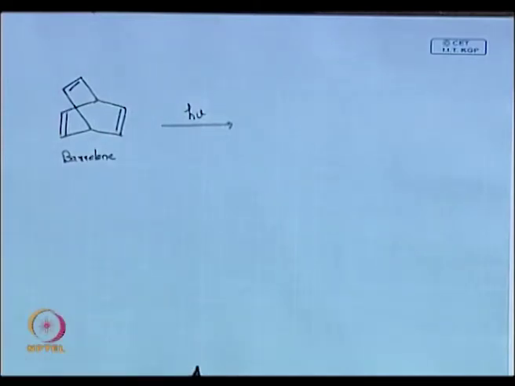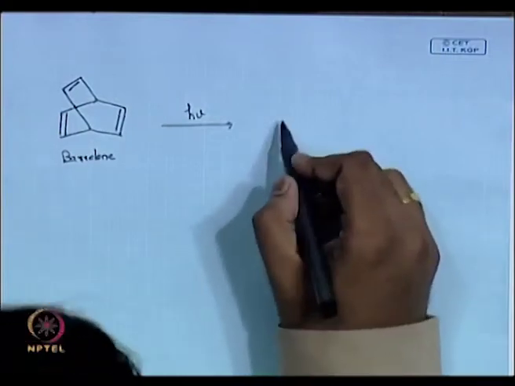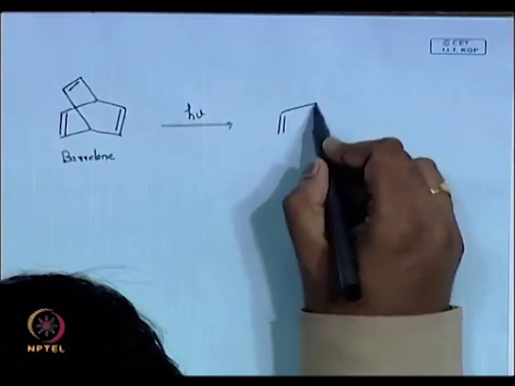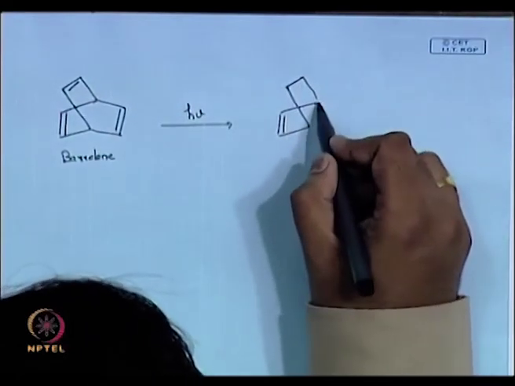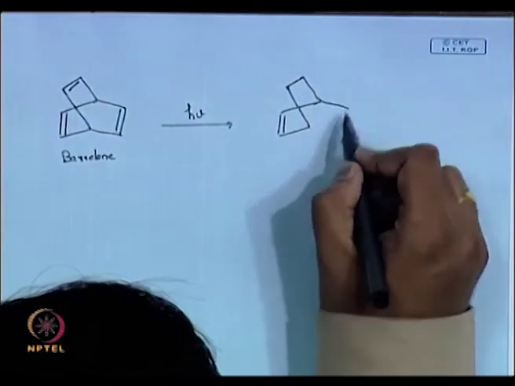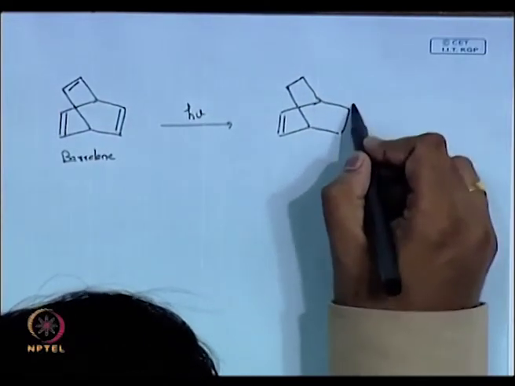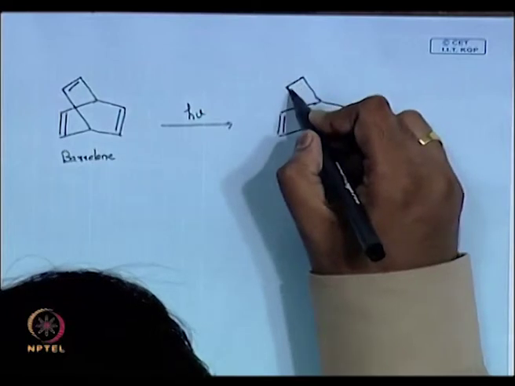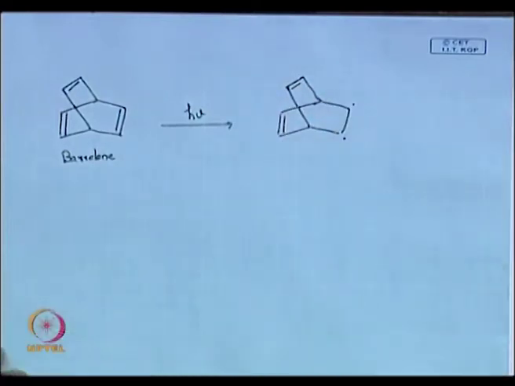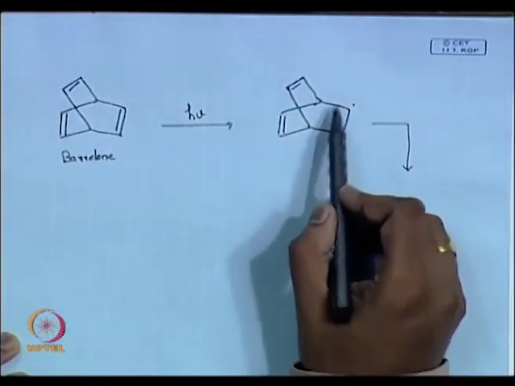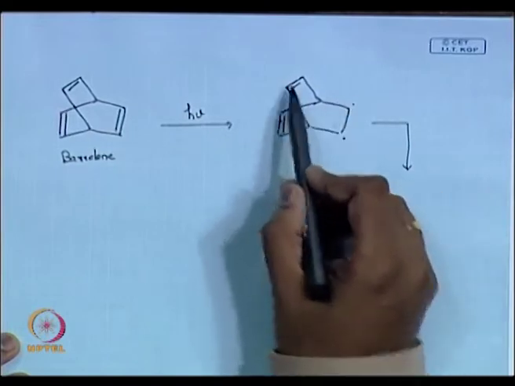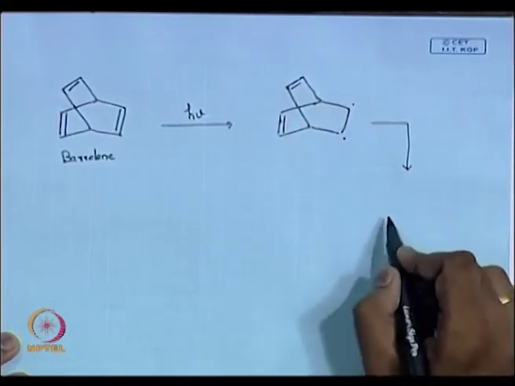So, what happens once you excite? This is a nice system to draw, to understand. Once you have an alkene system like this, you don't want to have addition across this, it is easier to have addition here.